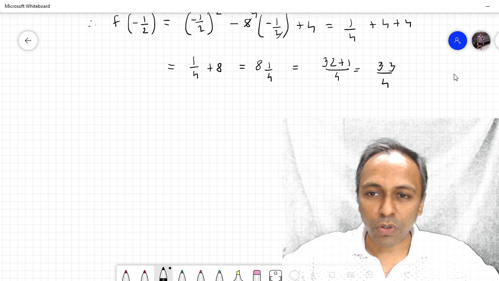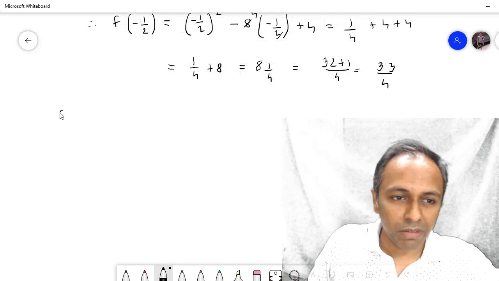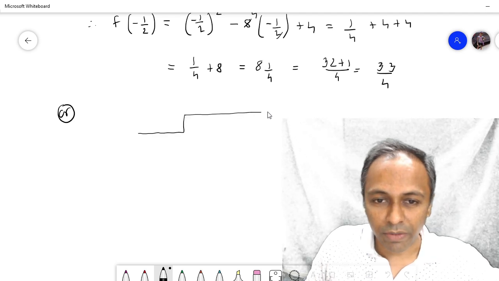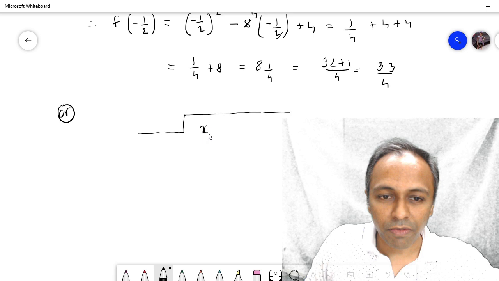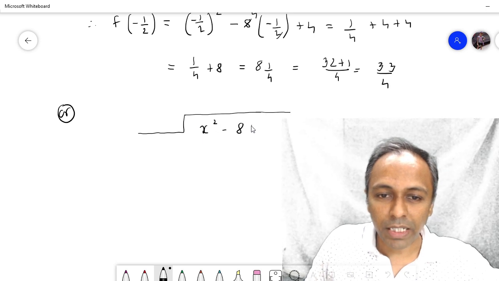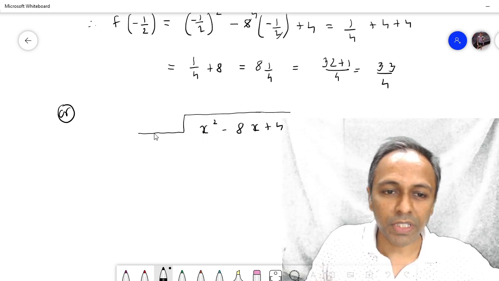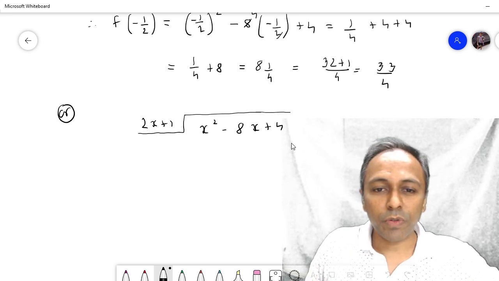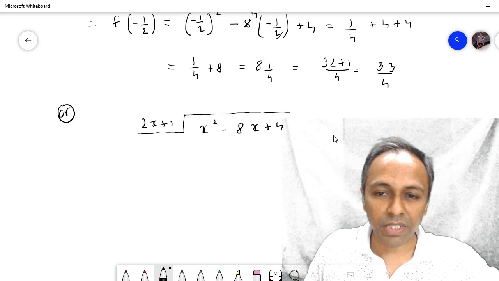Another way to solve the same problem could have been, this is just an additional method. Say we have x square minus 8x plus 4, which is getting divided by 2x plus 1. We used to do such division in lower standards.